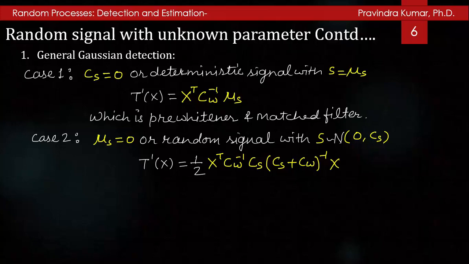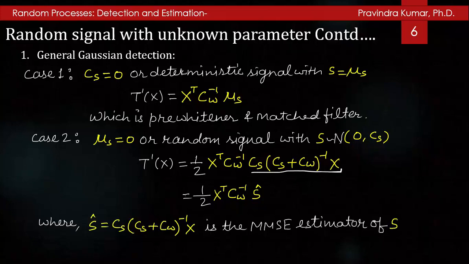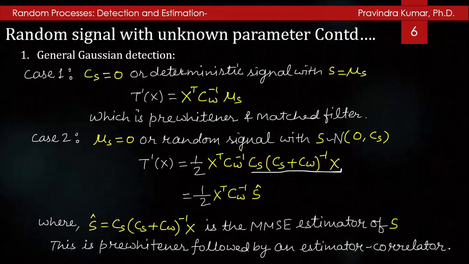I can write it as 1 by 2 x transpose inverse of the matrix C omega and s cap, where s cap is Cs inverse of the matrix (Cs plus C omega) x. This is the minimum mean square error estimator of s, and this is a pre-whitener followed by the estimator correlator.